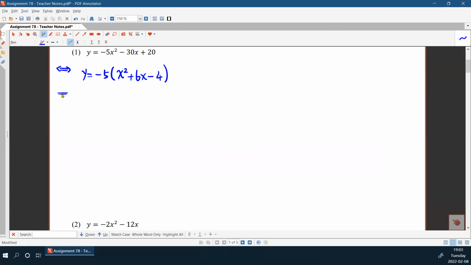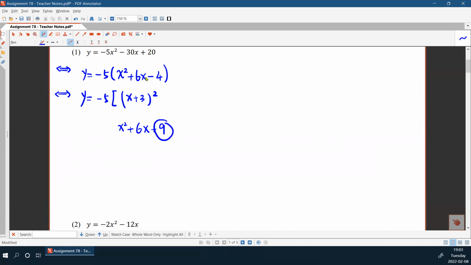And then, note here we have 6x. 6x can be written as 2 times x times 3, right? So the other term is 3. So let's try (x plus 3) squared. Then on a scratch paper, if you expand it, you will get x squared plus 2ab, which is 6x, then plus b squared, which is 9, right?